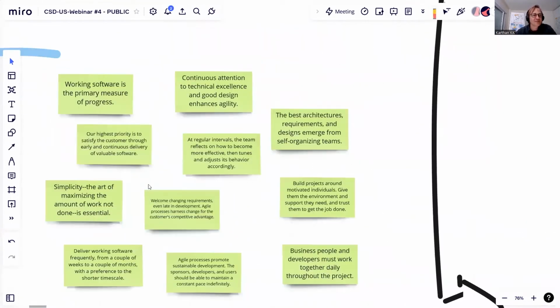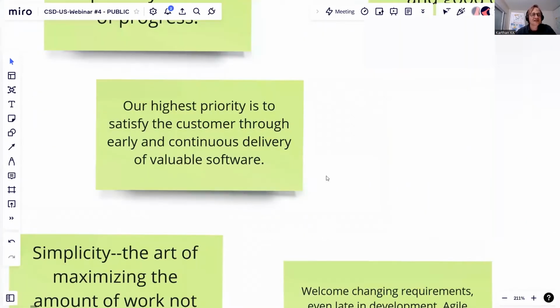So, for example, here, that's a nice one. This is principle number 1, formulated by the guys from the Agile Manifesto. Our highest priority is to satisfy the customer through early and continuous delivery of valuable software.